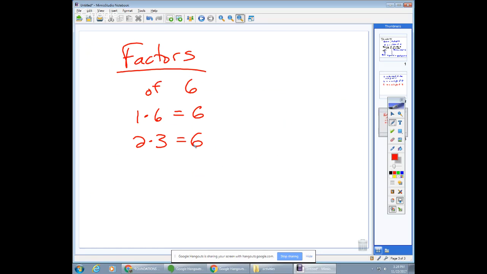Are there any other ways to use whole numbers to get 6? Right, those are the only ways. So 6 has 4 factors. And they make a set, so they would be 1, 2, 3, and 6 if I list them in order.